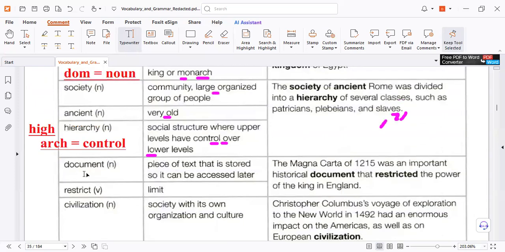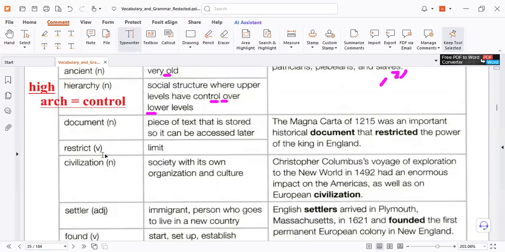Here, document, of course, you know it from document, papers. Here, restrict. As I told you, any word in English that has ST or C or CT or a string like that, we are talking about rules. It equals rules or limits on something.